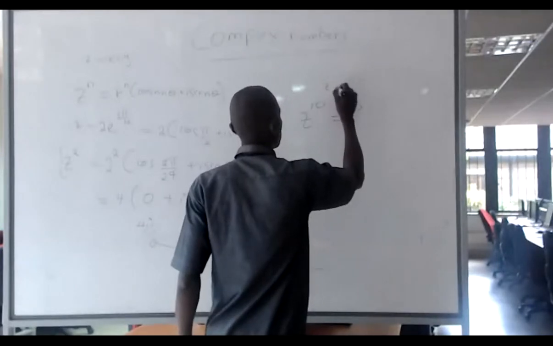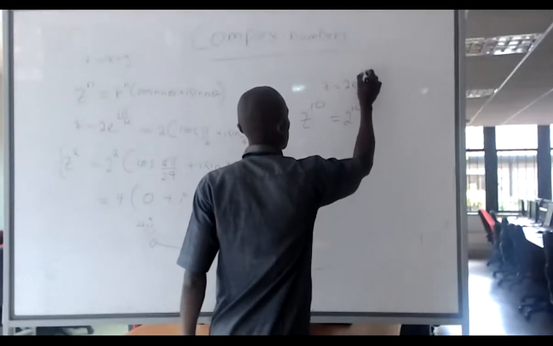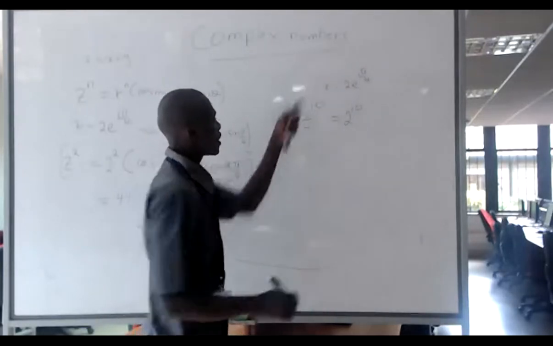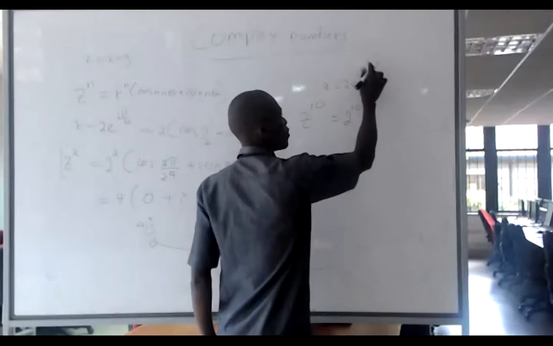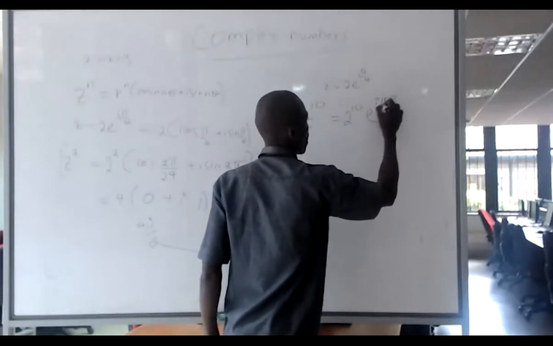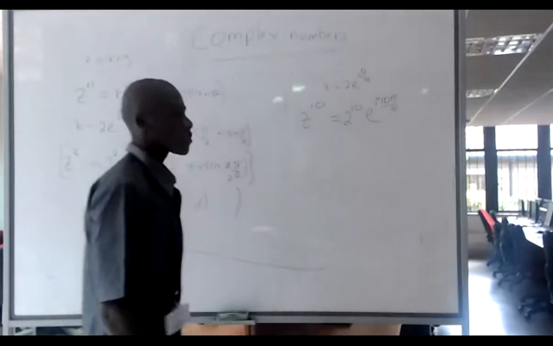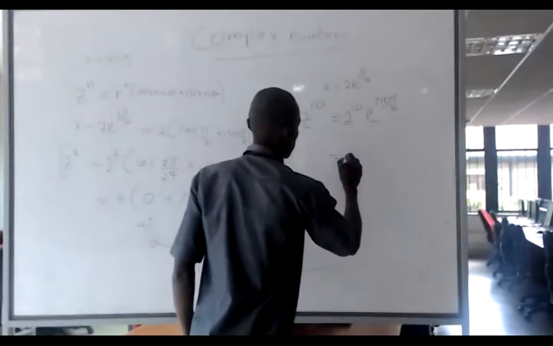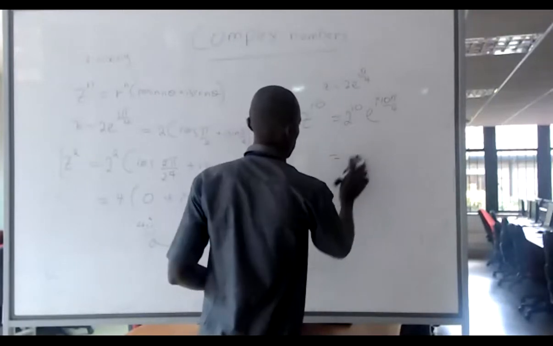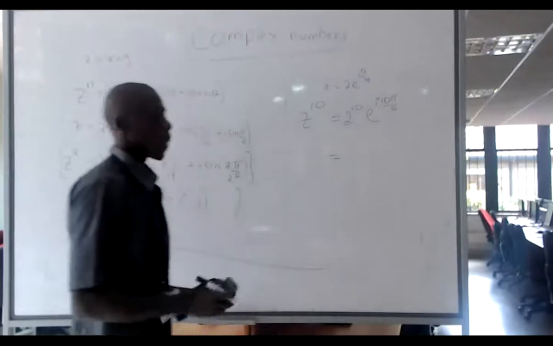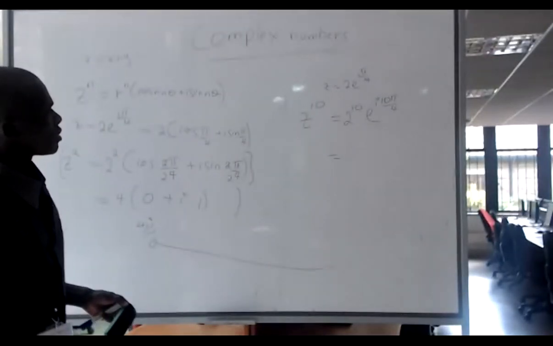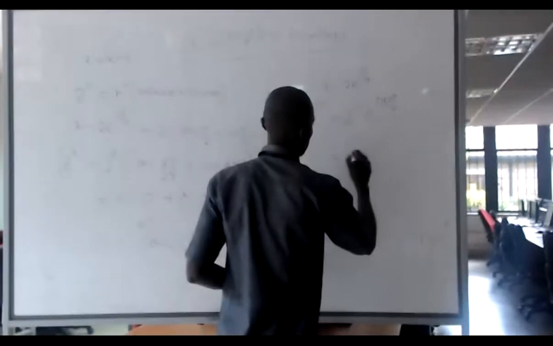You raise 2 to power 10 and then multiply the argument by 10, so i times 10 pi divided by 4. What is 2 power 10? Is it 1024? Should be 1024.